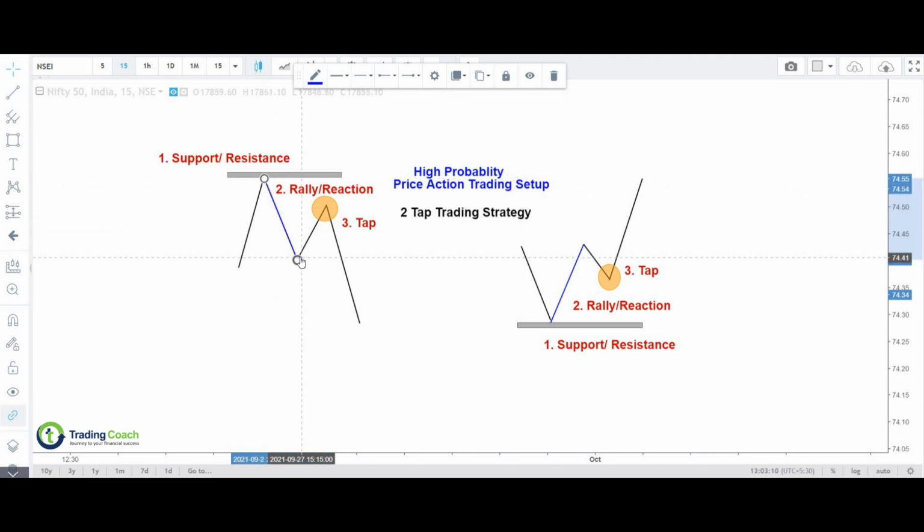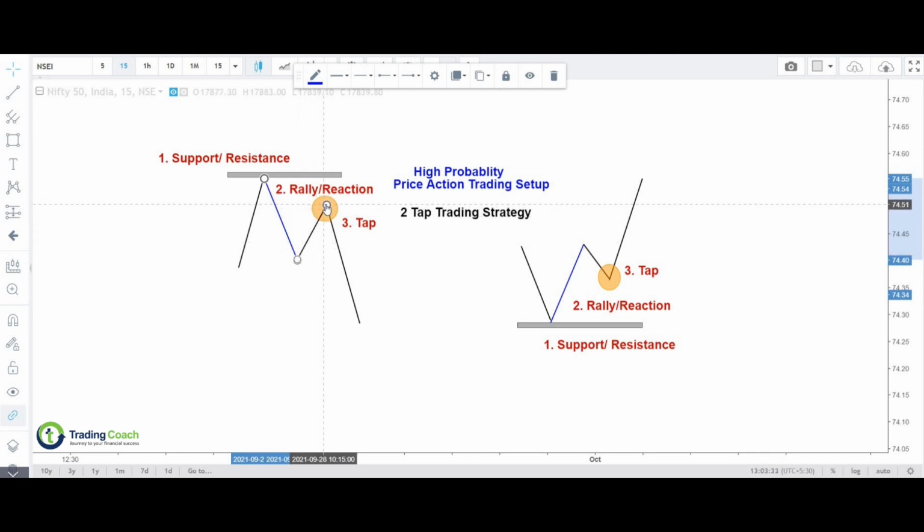Right after the sharp fall, you had a reaction or a rally. And right after that rally, you had a tap, which means the sellers are trying to stop the prices from advancing further. The sellers are trying to put a tap on the market prices.